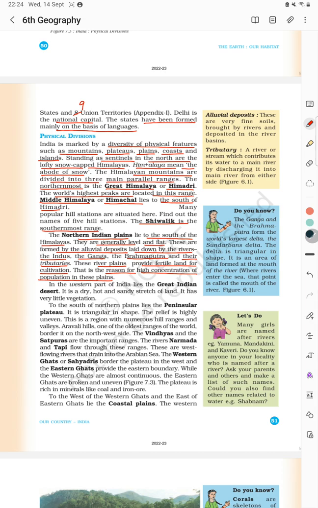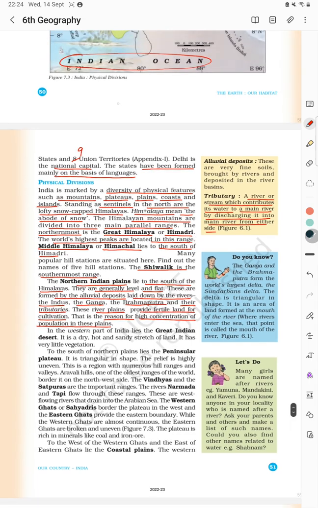Now, what is a tributary? A tributary is a river or a stream which contributes its water to a main river by discharging it into the main river from either side. Suppose this is the main river.